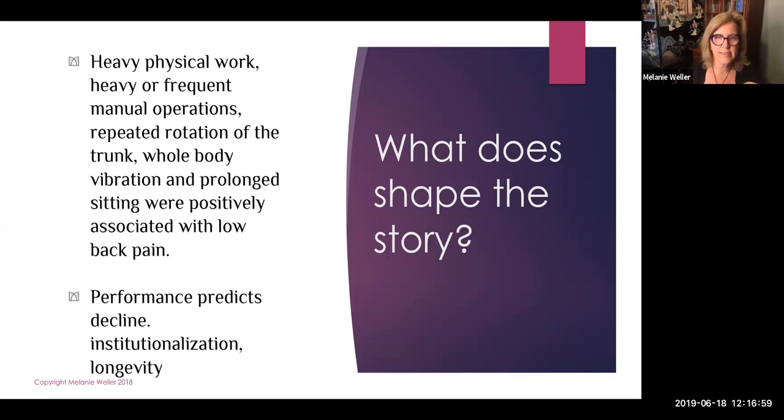And that's a little more consistent with the finding that performance actually predicts decline, institutionalization, and longevity. Maybe we'll do a session around this, because some of this is kind of fun, like how many times you can go sit to stand in 30 seconds, or if you can get to 25 calf raises at a particular metronome beat, which is a good standardized test.